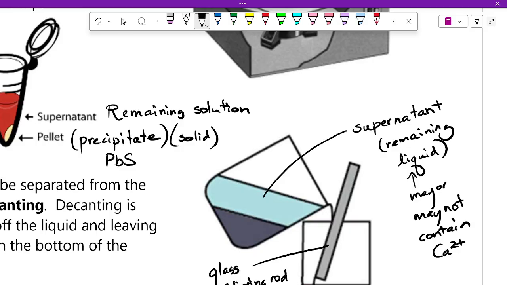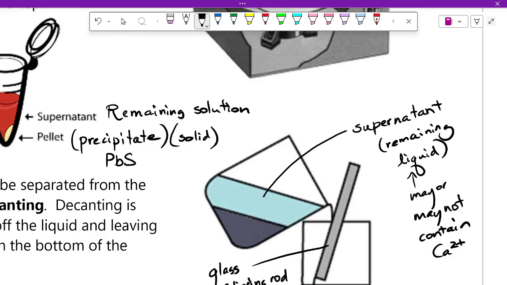Now, why do we bother with that? Has anyone ever poured something out of a measuring cup into a container, and instead of it going into the container, it goes down the side of the measuring cup and ends up on the counter? Yes, that's because water has OH groups, right? And glass also has OH groups. So there is hydrogen bonding, a type of intermolecular force between the water and the glass. So it will try and stick to the glass, and that's how you end up with it on the counter.